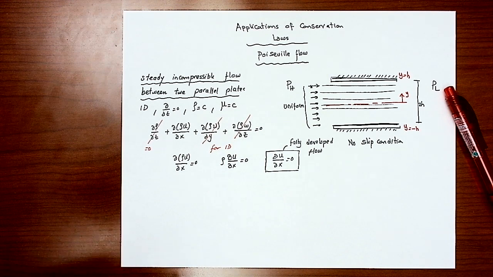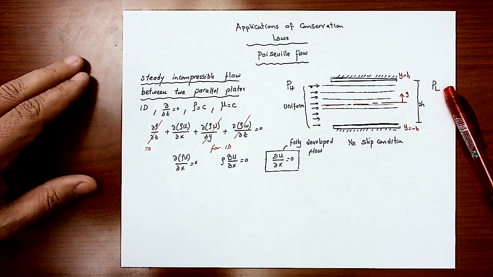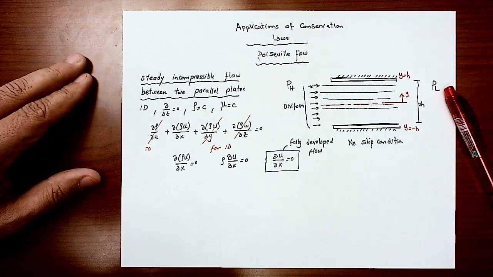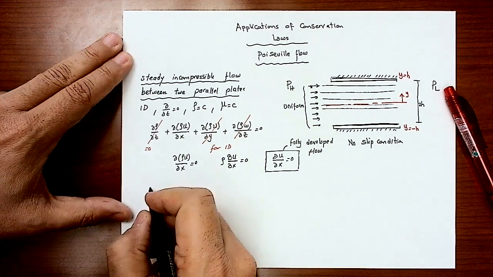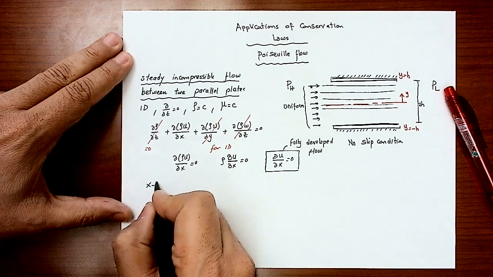Let's jump into the momentum equation. Like what we did with Couette flow, we are solving a one-dimension problem here. So I'm going to write the momentum equation in the x direction.